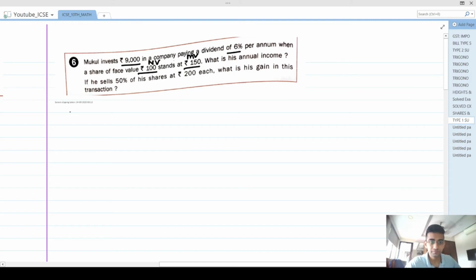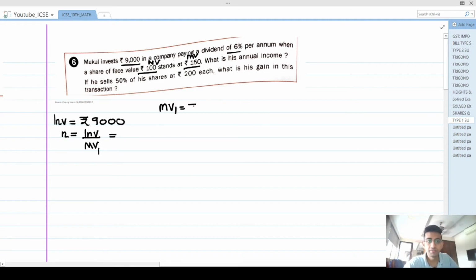All right. So firstly, let's talk about his investment, that is 9,000. Whenever they talk about gain in the transaction and they mention dividend and income, always find the number of shares. Number of shares is investment upon market value.